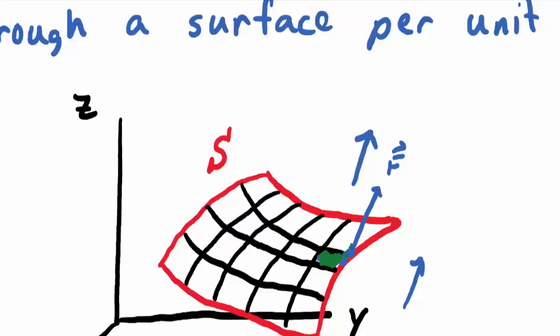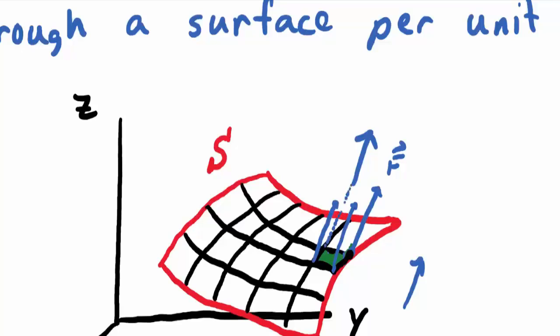So here's F at this corner of my little, it's almost a parallel, this patch is almost a parallelogram. Here's a vector from the vector field F at this corner, and at the back corner.